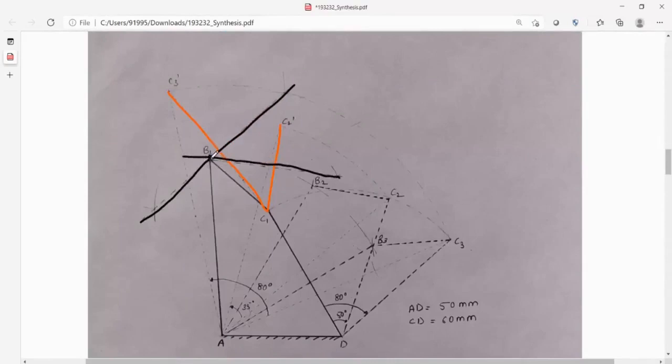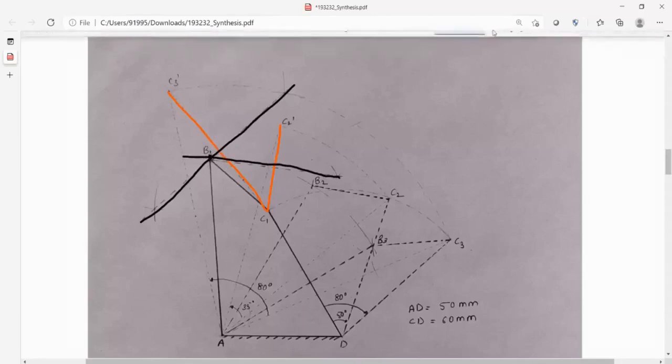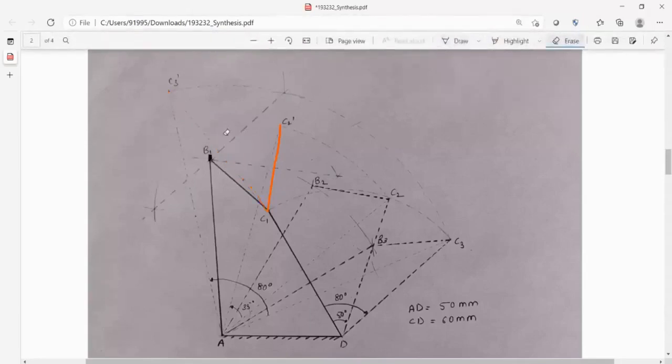This intersects at a point. This point is named as B1. So we got B1 point. Thus we join A B1 and B1 C1. So A B1 C1 D is the required 4-bar link mechanism.